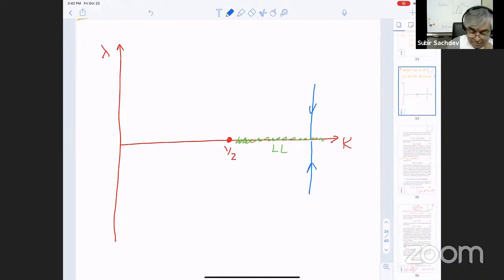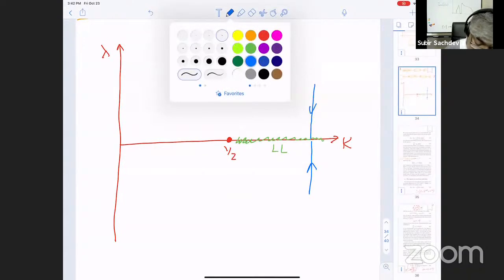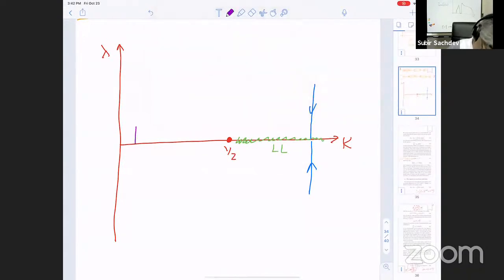Okay. Then what about k less than 1/2? It's relevant. So now the flow is in the opposite direction. Take one more color. So here it flows to either lambda plus infinity or lambda minus infinity. And for plus infinity, you have the charge density wave state. And here, let's call it the valence bond solid.